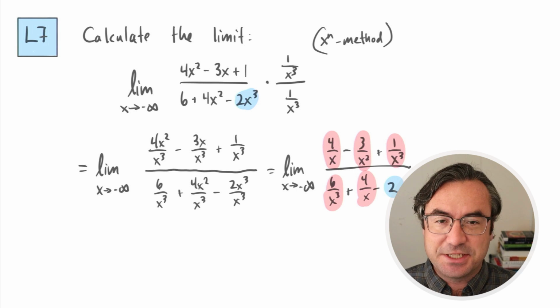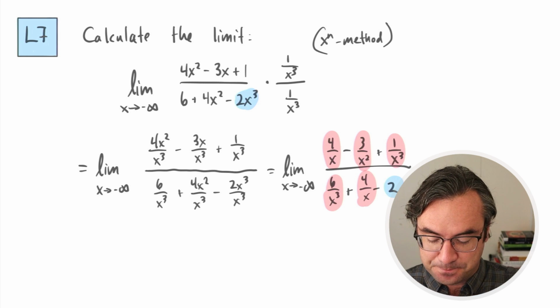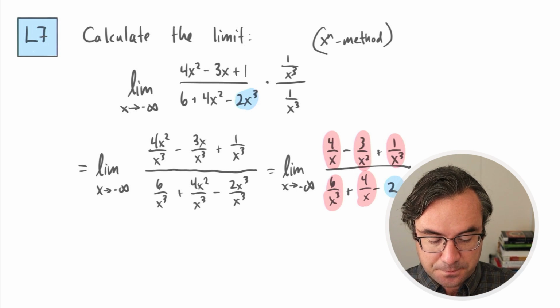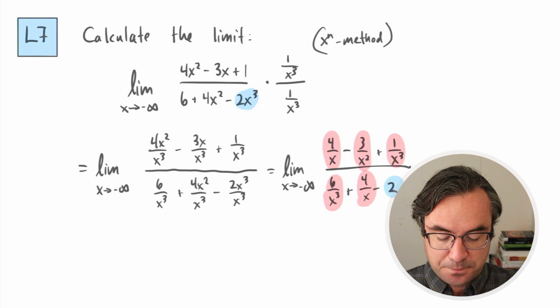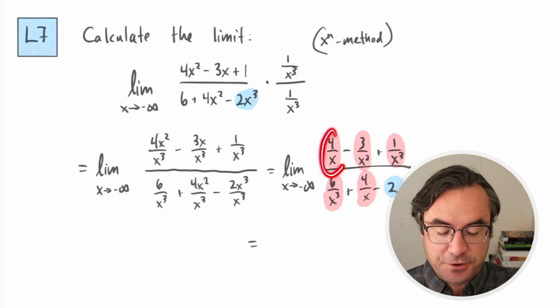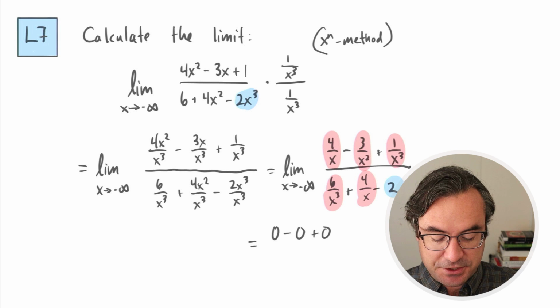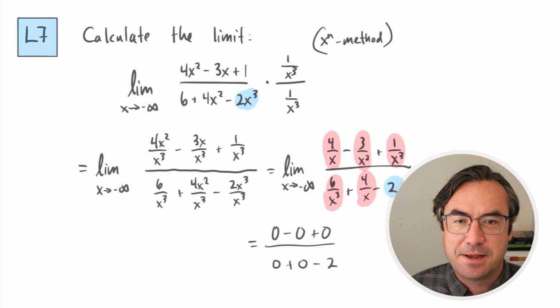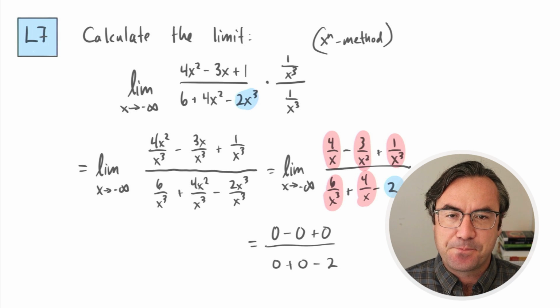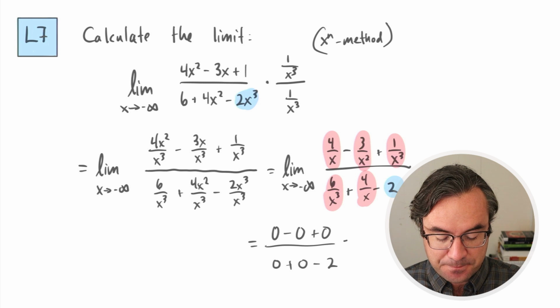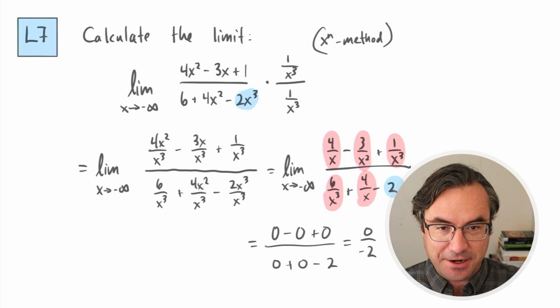So now we can actually say what this limit is doing. That first fraction goes to 0. Then we have minus 0, then plus 0, then 0 plus 0 minus 2. And if we simplify that, we end up with 0 over negative 2.